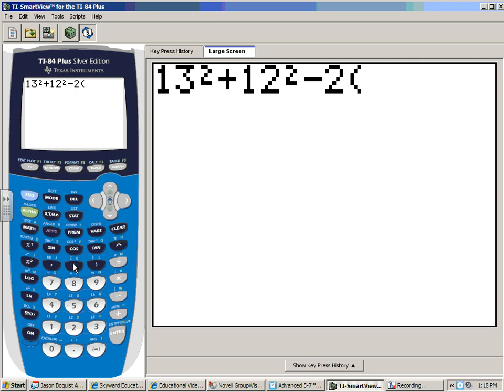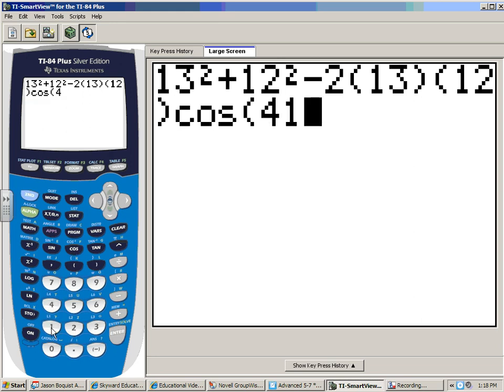Nice thing is if you put a parenthesis like that, it knows it's multiplied. You don't even have to put a times in there. 13, close it off. Open another one for 12. Close it off, and then cosine of 41. I would get in the habit of closing off any angles that you have in case you do one that's a little more complicated. Now, if I hit enter right now, will this be the answer for side B?